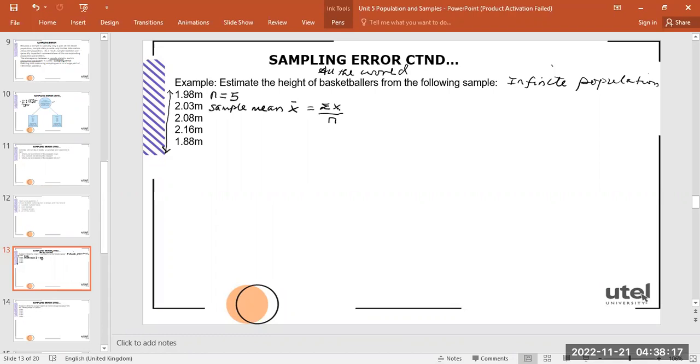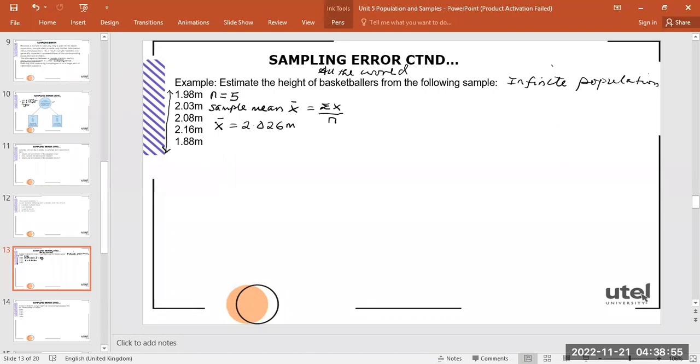And in this case, the sum of x simply means the summation of all these numbers, this height. So you add 1.98 meters plus 2.03 meters plus 2.08 meters plus 2.16 meters plus 1.88 meters. And if you do the math and then you divide that sum of this height by 5, you should arrive at this, that the mean is equal to 2.026 meters.